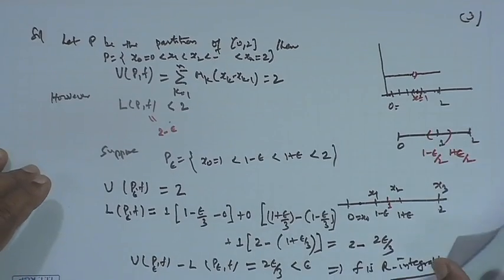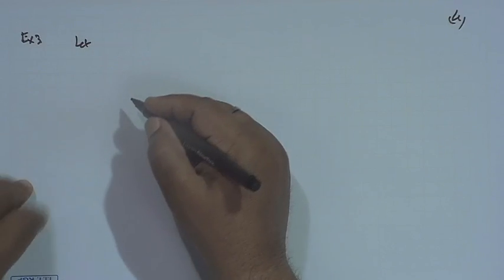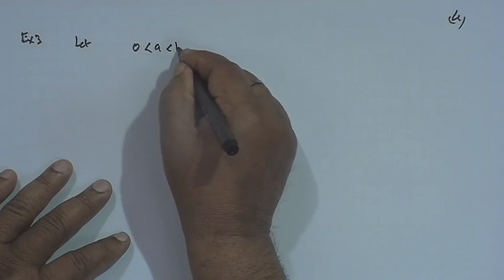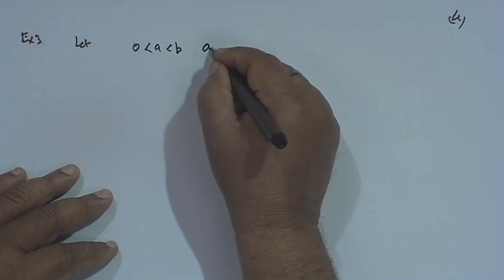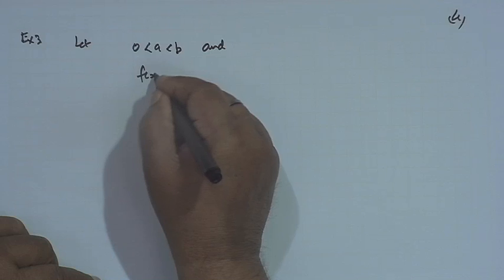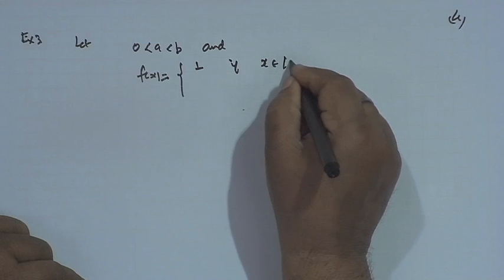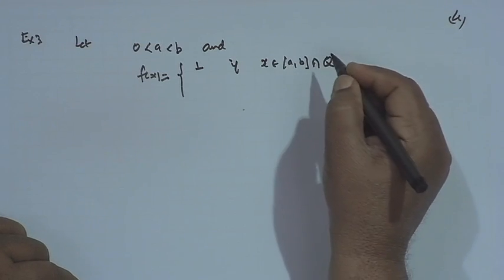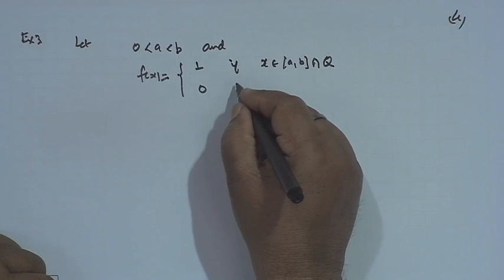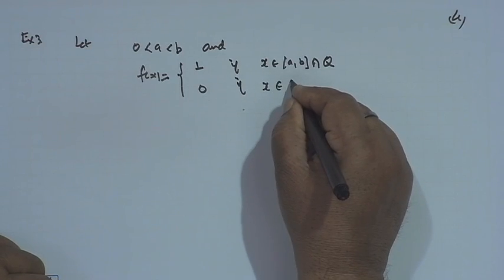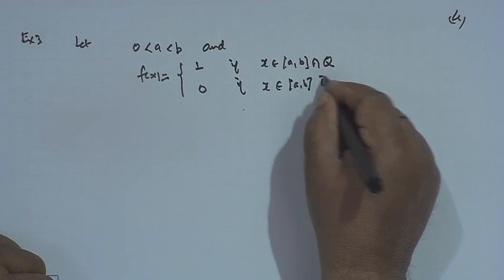Okay. So, that is the next. Let 0 less than a less than b, and f x is defined as 1 if x belongs to the closed interval a b intersection q, where q is the set of rational numbers, and 0 if x belongs to the interval a b and is an irrational point.